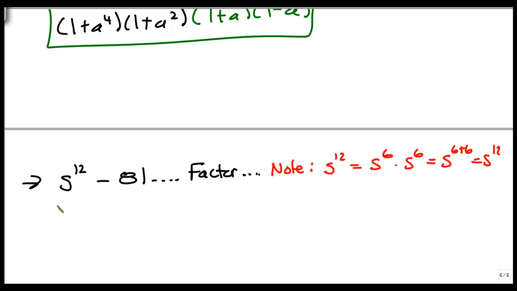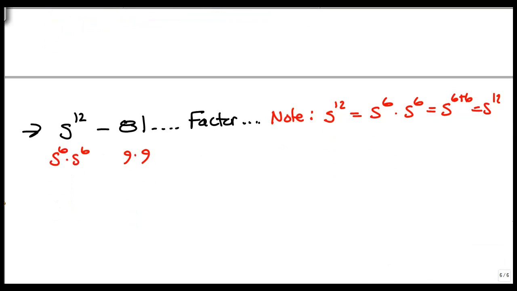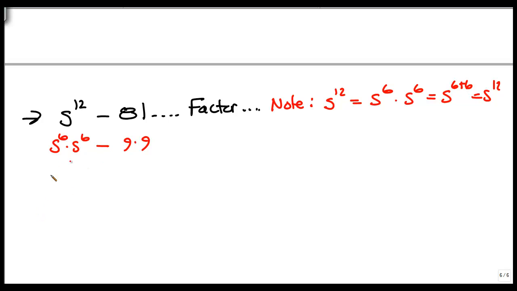And 81 is equal to 9 times 9. Okay, and then because there's a minus sign here, we know it's a difference. So this is going to start out as s to the 6th plus 9, and then s to the 6th minus 9. Okay, this one is prime.